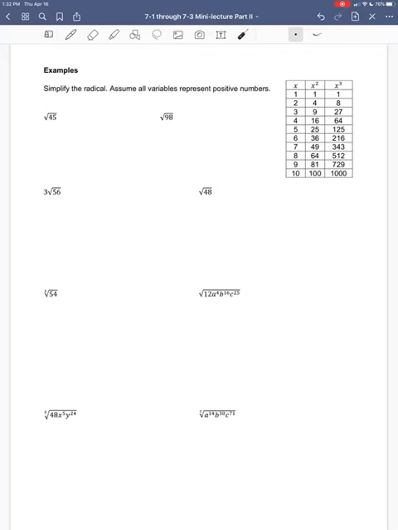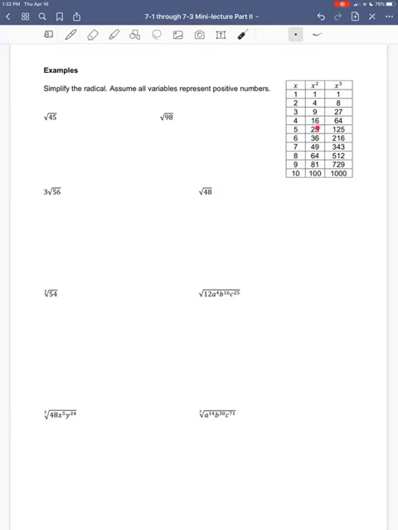So to simplify these radicals, what am I going to do? Well, I'm going to look at this problem and I'm going to say, okay, this square root of 45, I'm going to look for a perfect square that goes into 45. So perfect squares are in this list. 49 is too big, 36 doesn't divide into 45, 25 doesn't divide into 45.